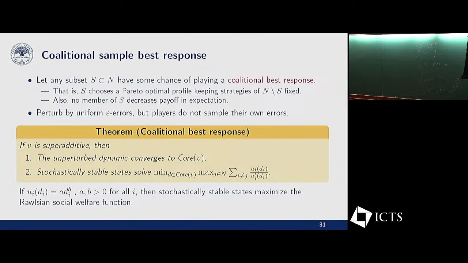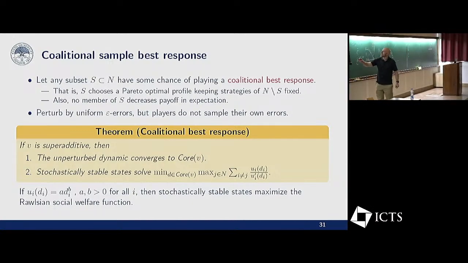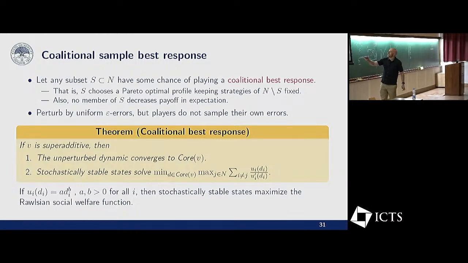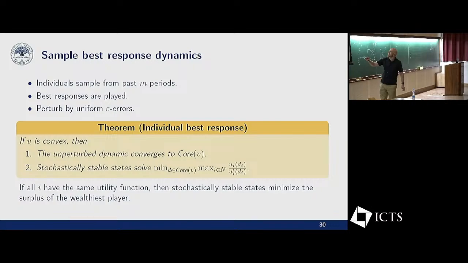Anyway, if you run a coalitional dynamic on this, then you get different selection. So you're maximizing this; previously it was maximizing overall the players this term.